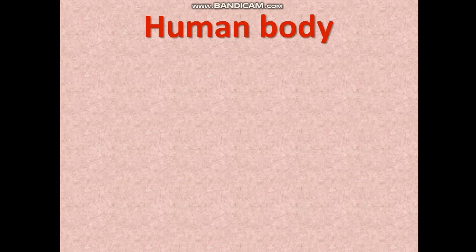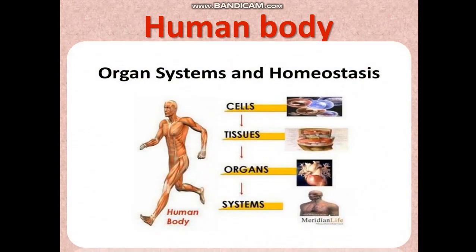A group of organs form systems, and system plus system plus system will form the human body. Again, each group of cells forms a tissue, a group of tissues forms an organ, a group of organs forms systems, and a group of systems forms the whole body.